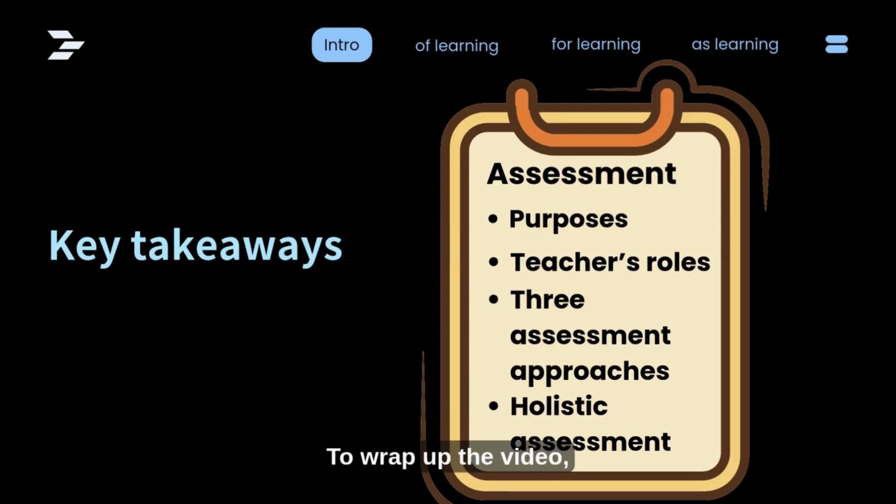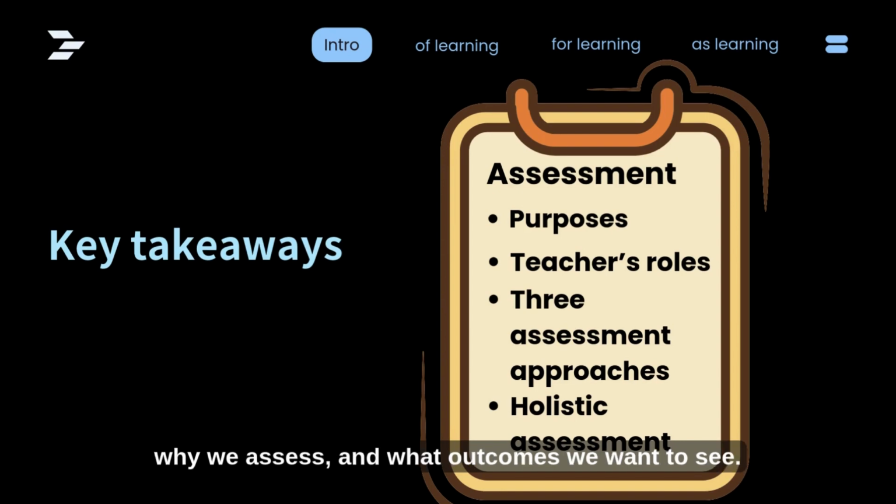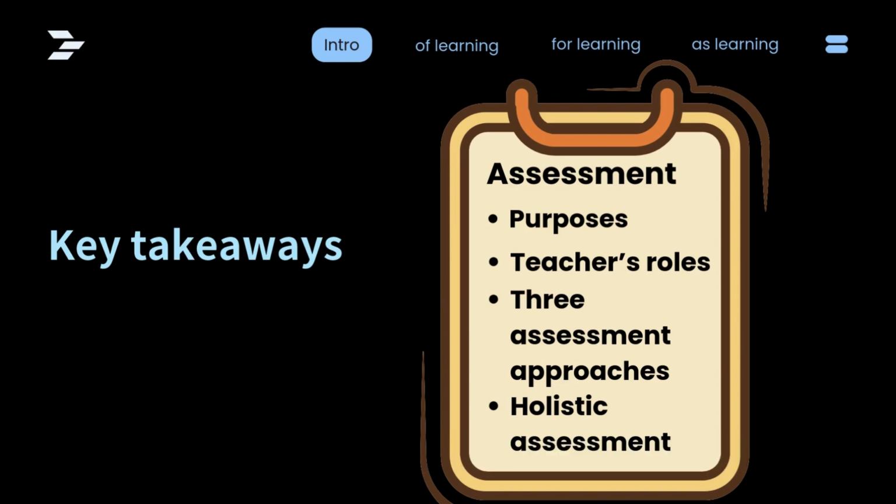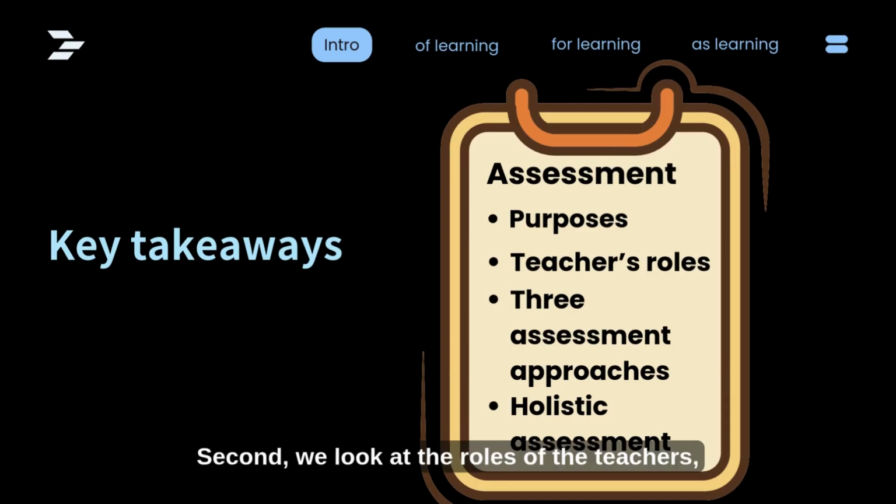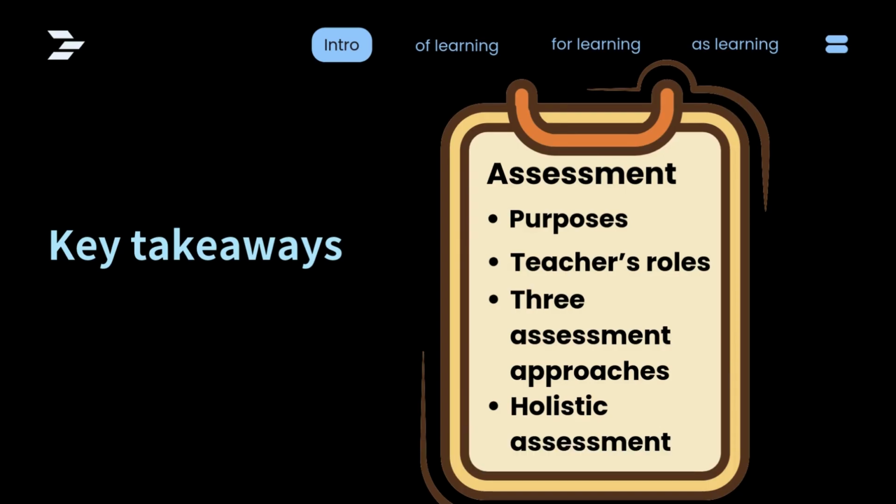To wrap up the video, let's go over the key takeaways about assessment. First, we consider the purposes of assessment, why we assess, and what outcomes we want to see. Second, we look at the roles of the teachers, not only as evaluators but also as guides and facilitators of learning.